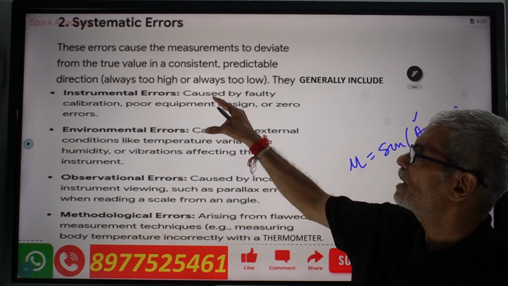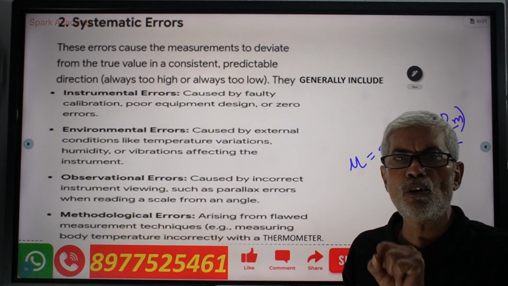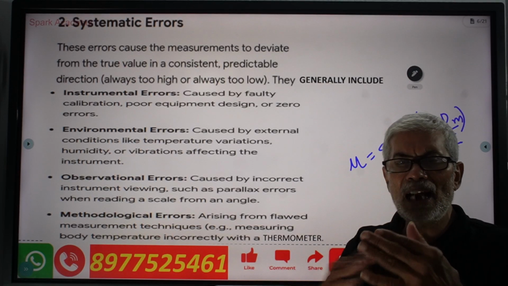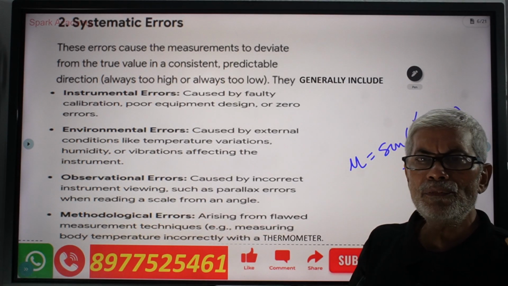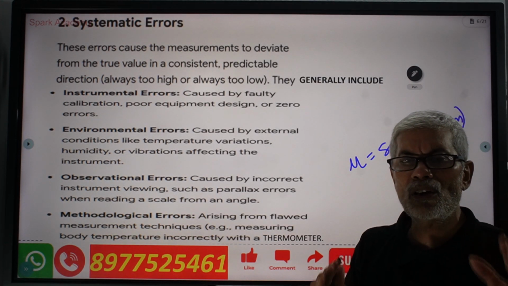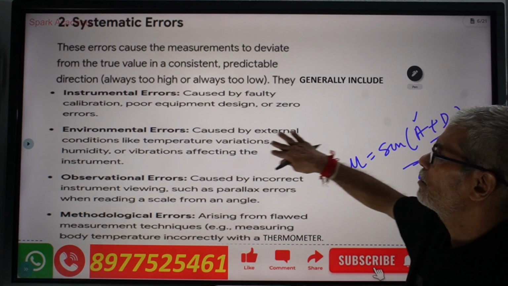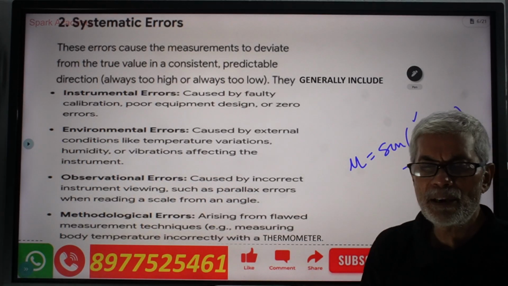And sometimes calibration. Suppose they say 2 centimeter is equivalent to 4 volt, so 8 centimeter will be how many volts? Like that a calibration chart will be there. If you are not following those things, then there will be an error. Sometimes environmental errors are there because of temperature, humidity, vibration.